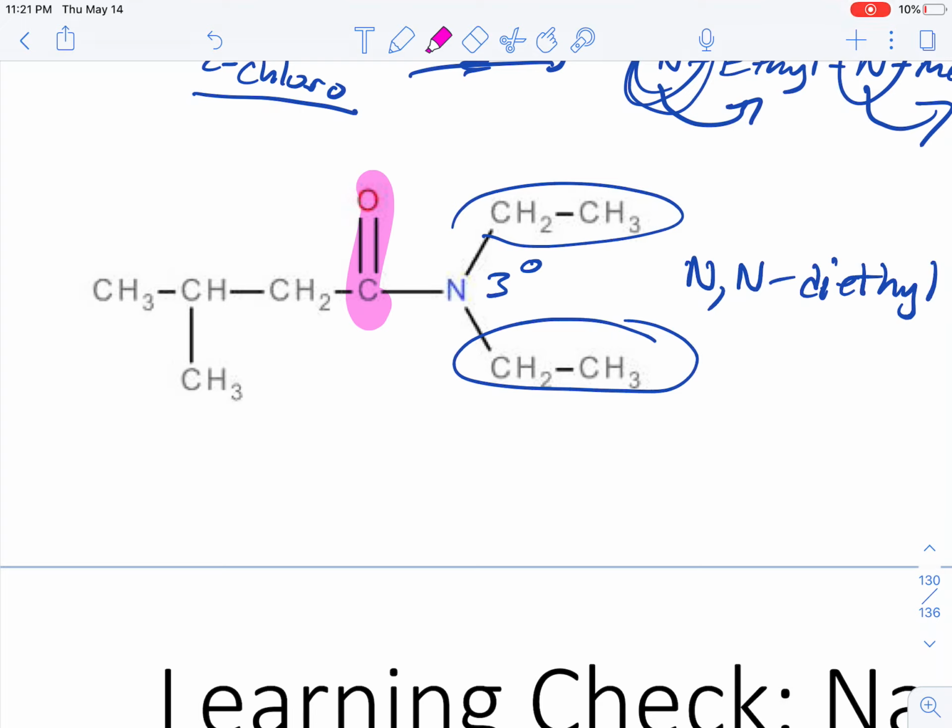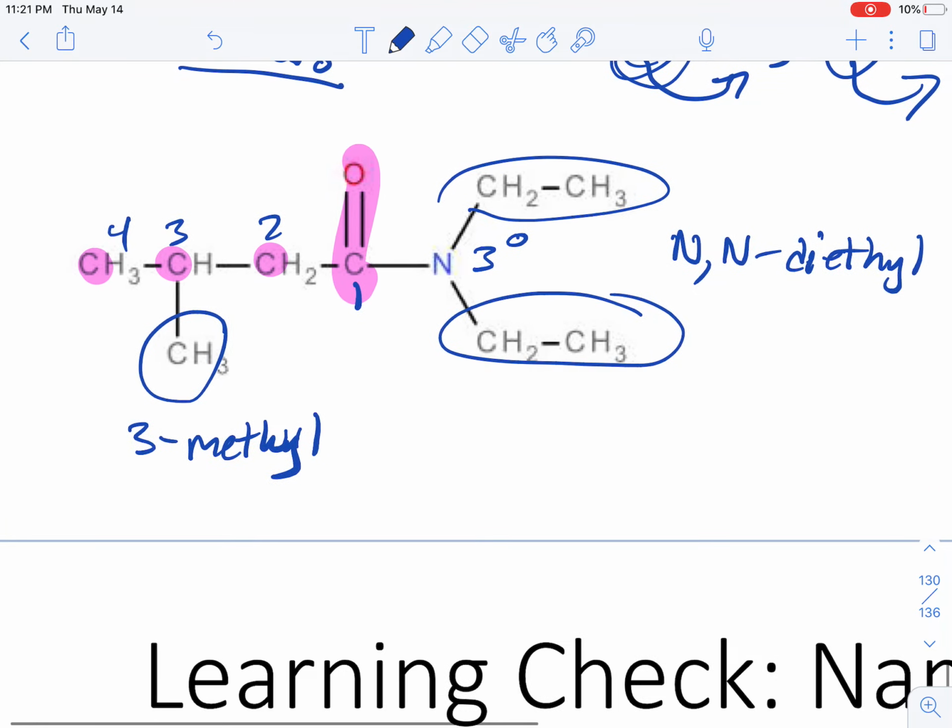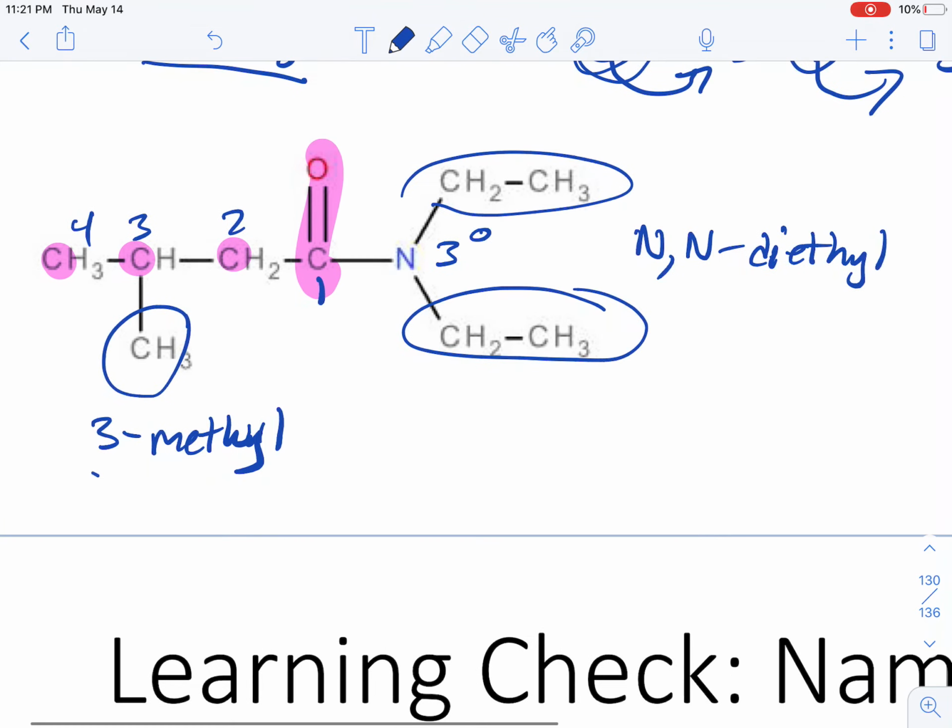That's going to be carbon number 1. And so that means that I have 1, 2, 3, 4. So I have a 4 carbon chain, in which I have a methyl on the 3rd carbon. Since I have a methyl on the 3rd carbon, I need to add this after the N,N-diethyl because this is a substituent.